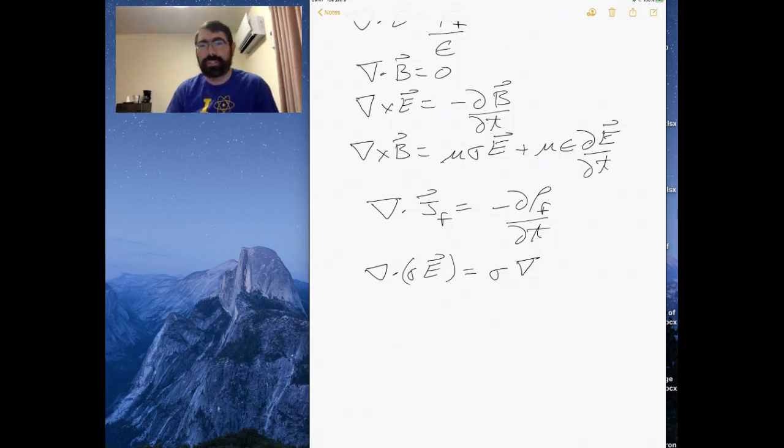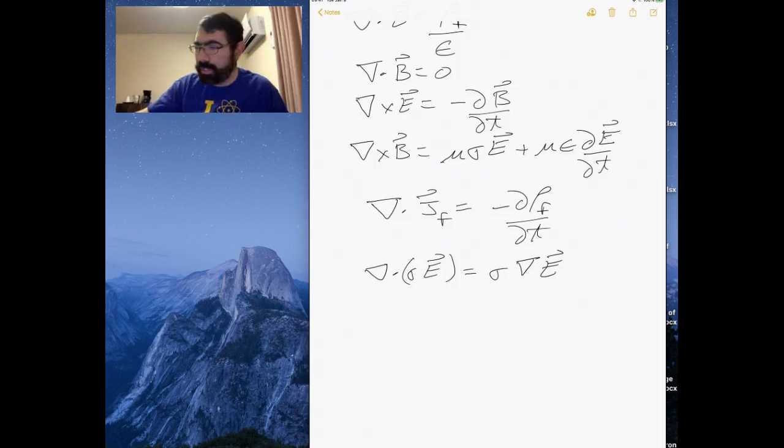So there is no change in the conductivity. I should say that we're dealing with a uniform medium, so there is no change in the conductivity of it.